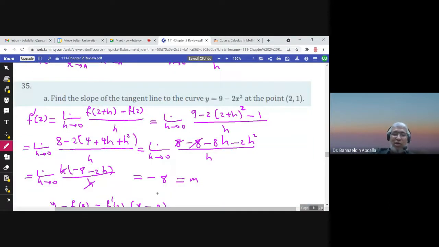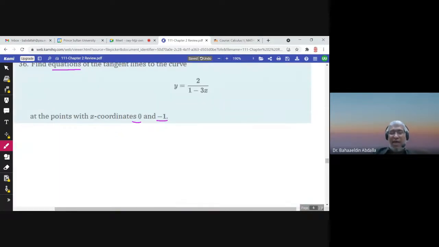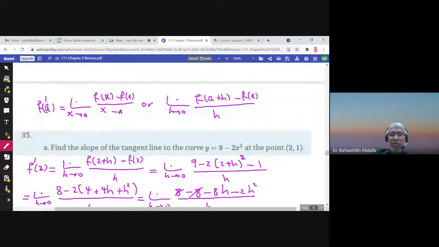So I will use this definition twice, or I can find f prime of a in general and then use it to replace a by 0 and negative 1. And I'll do that, okay? And I'll use here the first definition, which is this one.